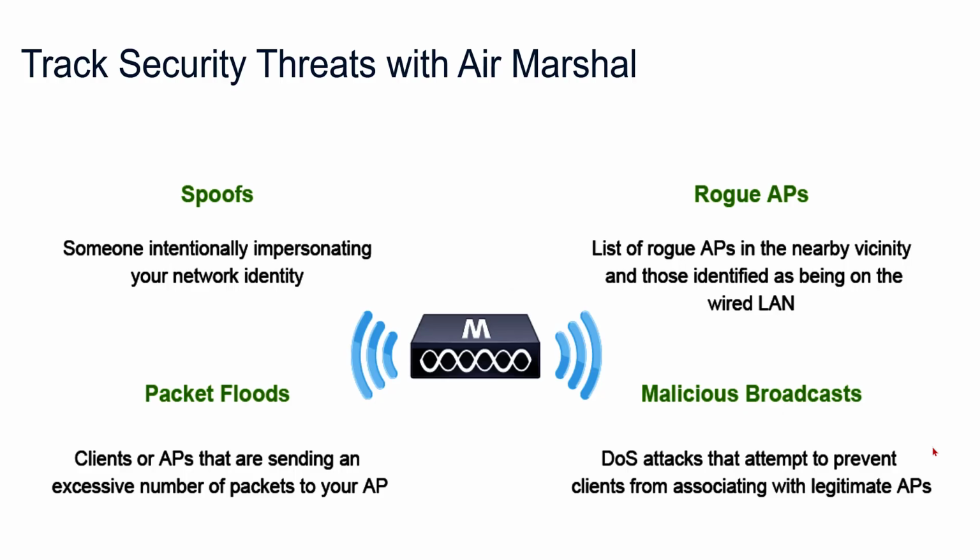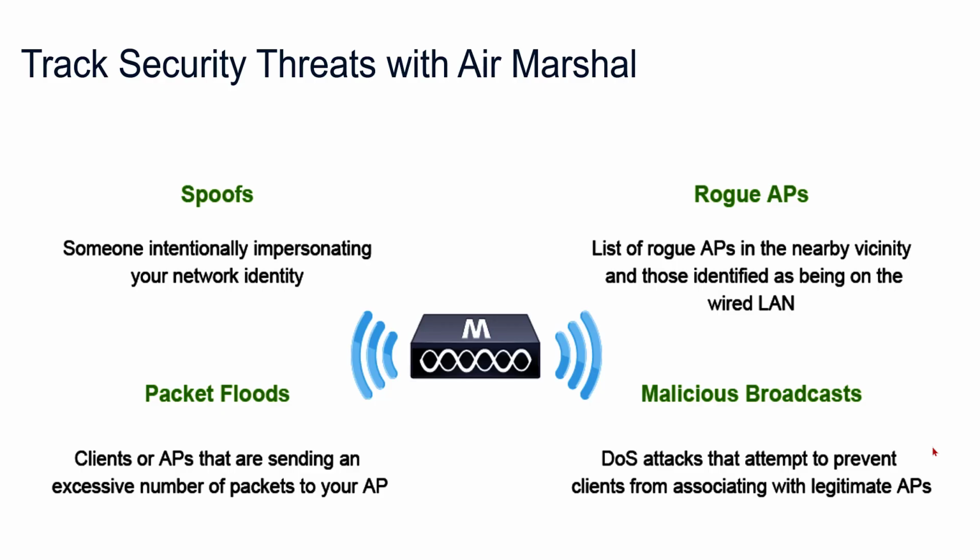We can also track security threats with Air Marshal, which is essentially Meraki's WIPS. All right? So now we're getting away from performance and looking at wireless security. And that's where Air Marshal sits.